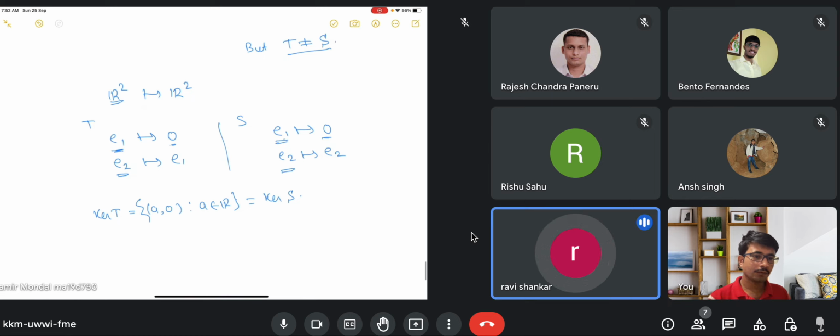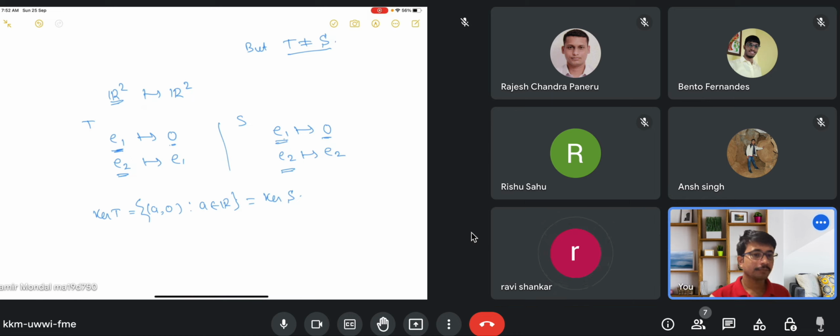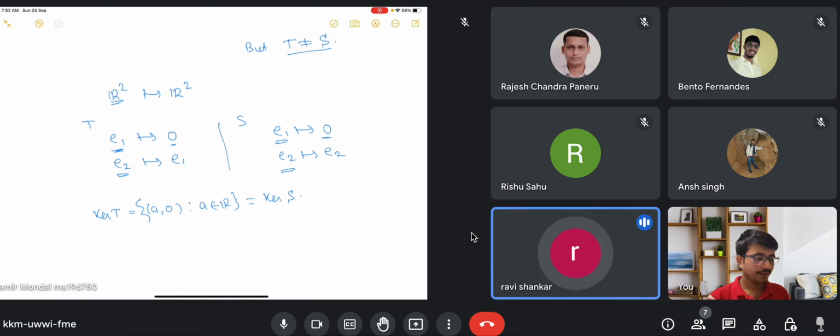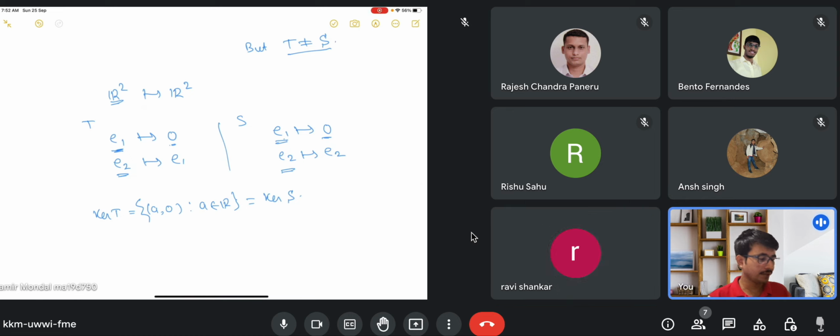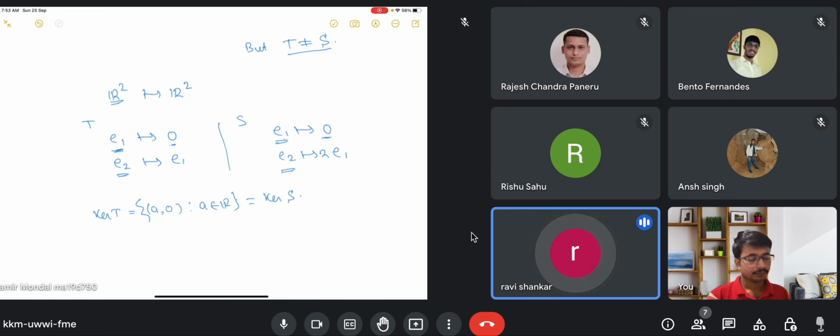Sir, one minute. Their images are the same, no? Sir, the condition that their images are the same, what is the use of that?